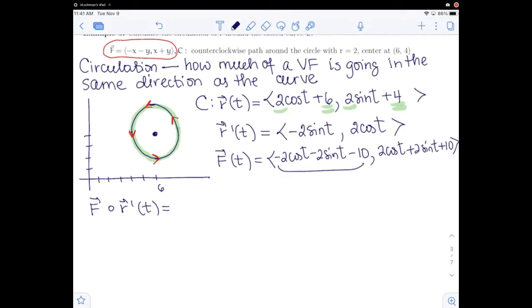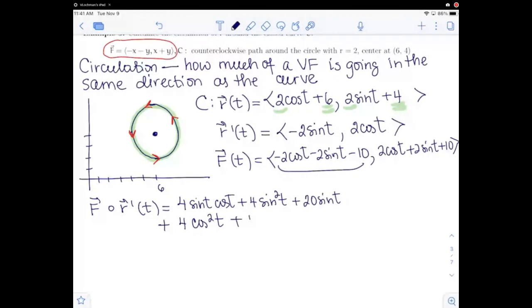So we get 4 sine t cosine t plus 4 sine squared t, and we get plus 20 sine t. Plus, what do we get here?